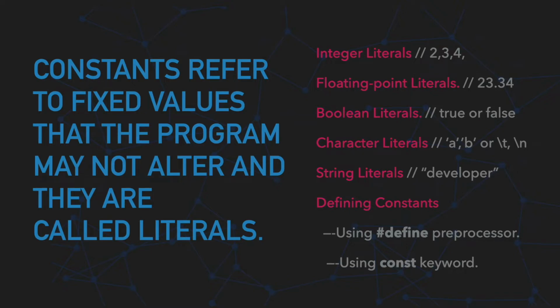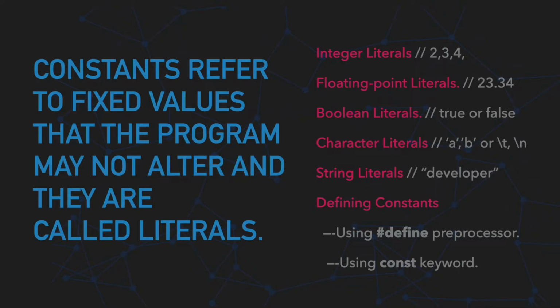If there's one character like capital A, small a, B, C, etc., and the forward slash t, which gives you a space of 4, which gives you a tab, and the forward slash n, which gives you a new line. So this is also considered a character literal.